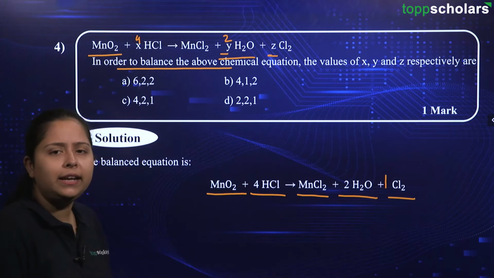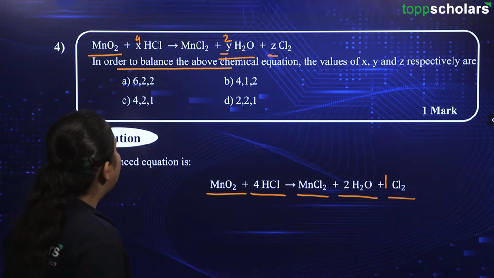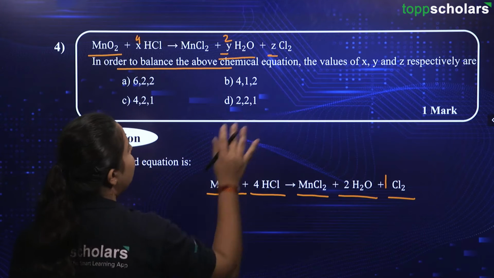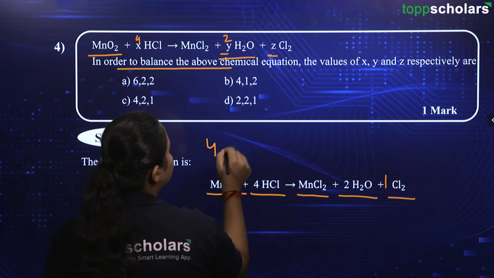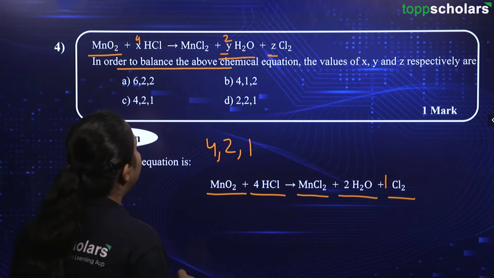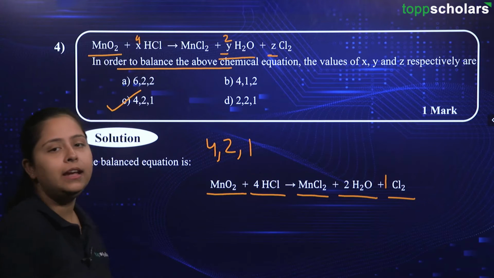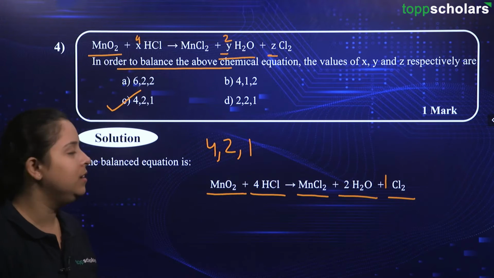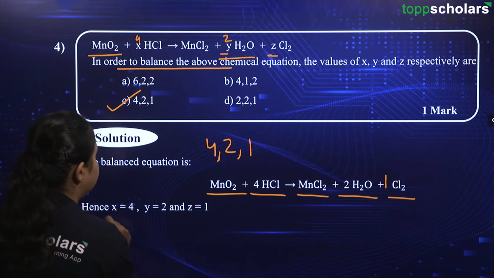If we are not writing anything, that means it is 1. So what are the values of X, Y and Z that we are finding? It is 4, 2 and 1. 4, 2, 1 is given in option C, hence option C is the correct answer for our question here.